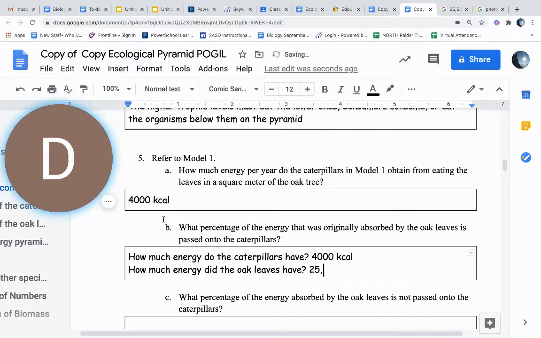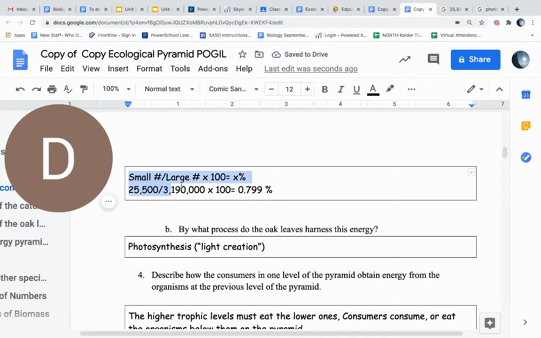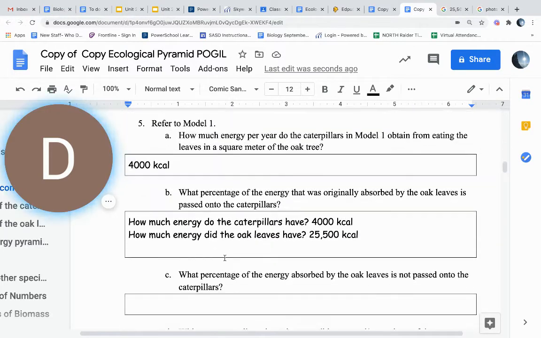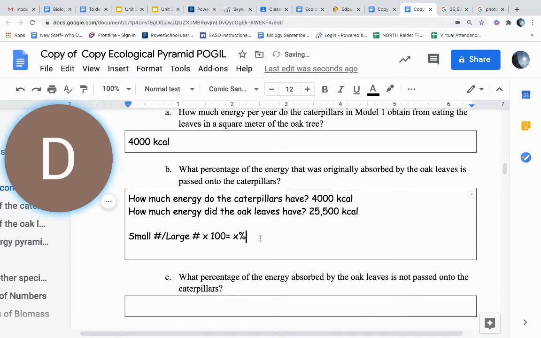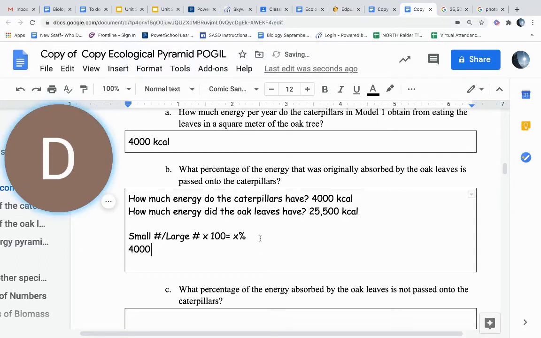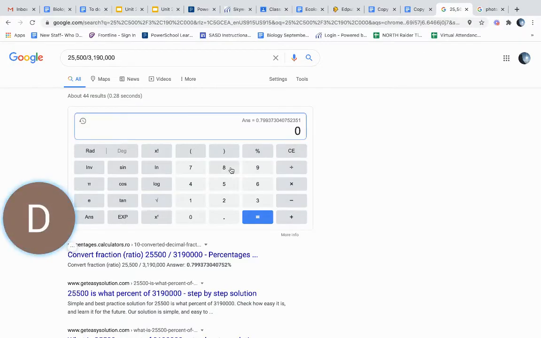That's the 25,500 kilocalories. Now we're going to use that same formula. Small number over large number times 100. That will give us 4,000 divided by 25,500 times 100. And I wish I could make that look a little bit better mathematically, but we can plug that in now.